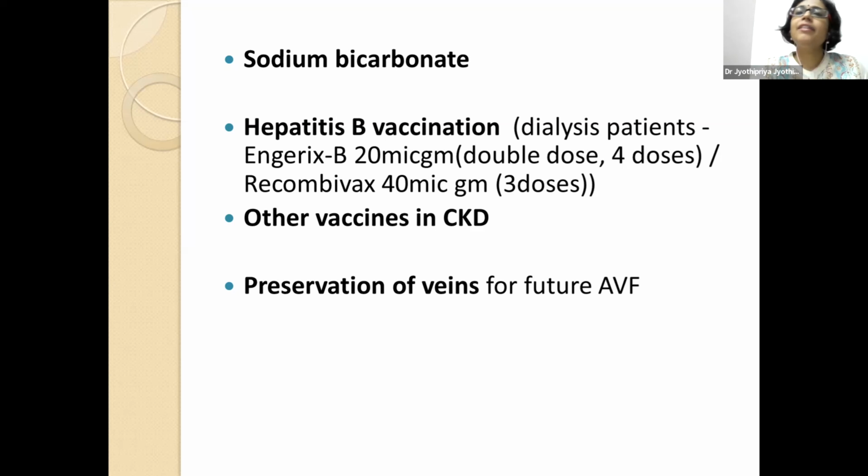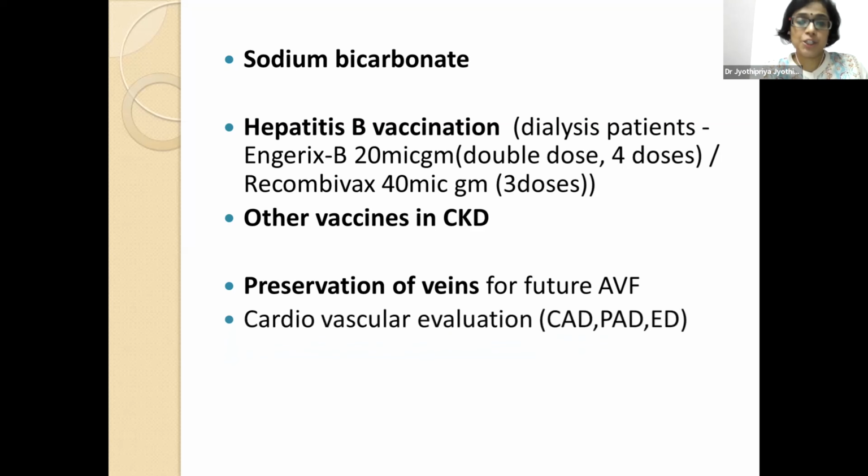When creating a fistula, we give preference to the left hand. So what we advise is to avoid cannulation or injection in the left upper limb, which is the non-dominant, preferred limb. Preservation of veins for the future AV fistula is very significant and should be done from the early stages of CKD itself.